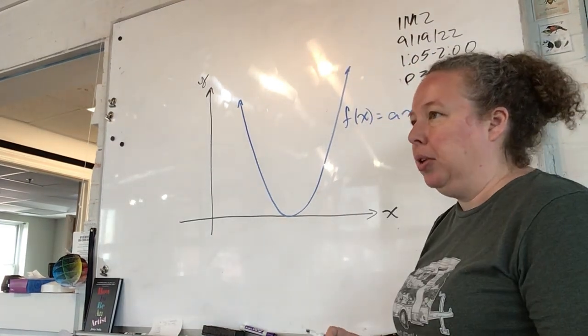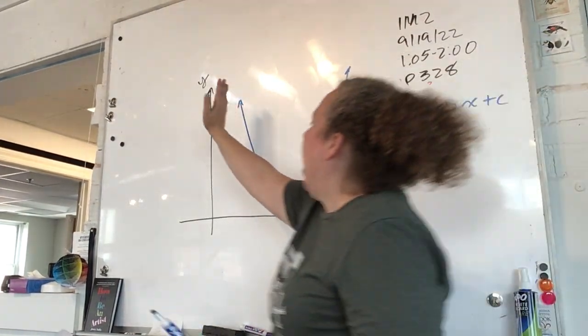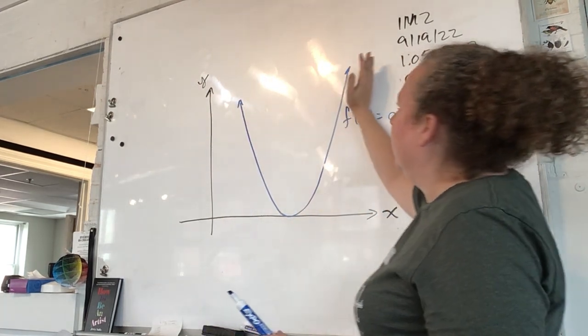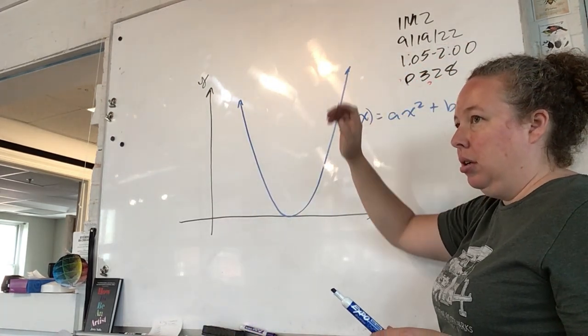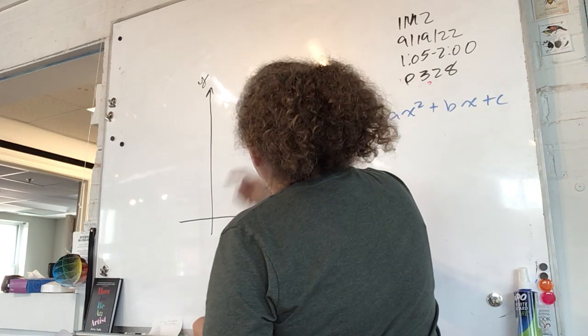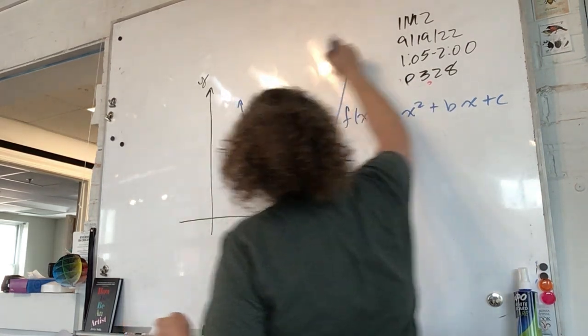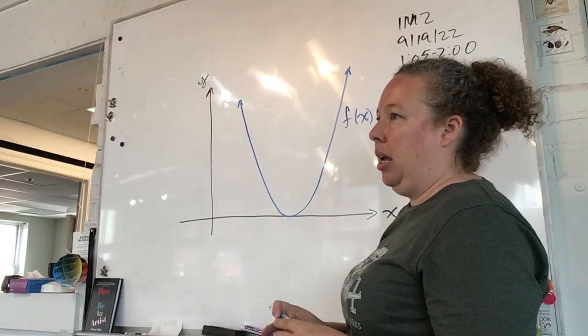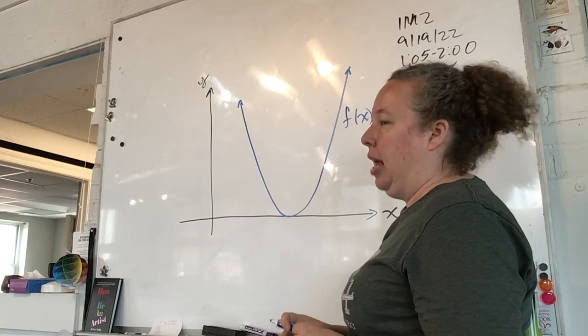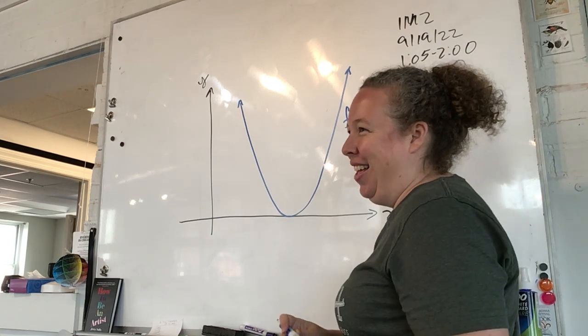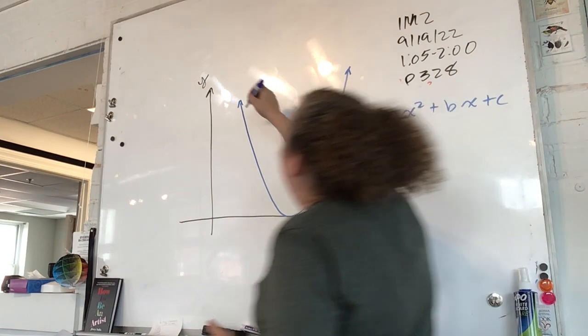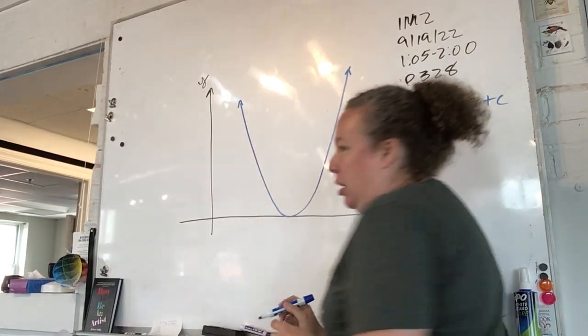So we have a parabola. We can see this passes the vertical line test. And these little arrows here at the top, what do those indicate? Yeah, to infinity and beyond. And beyond. So the graph just keeps going.